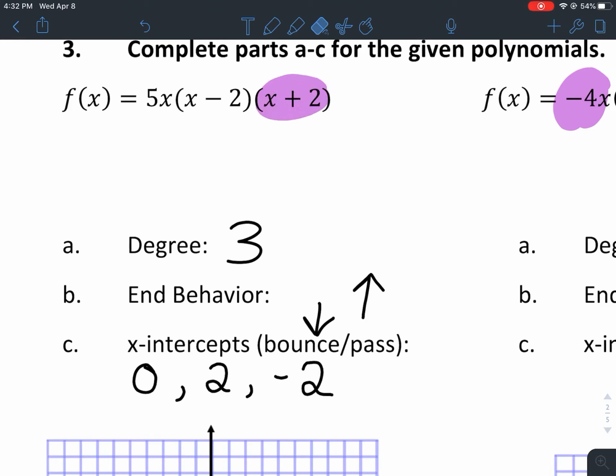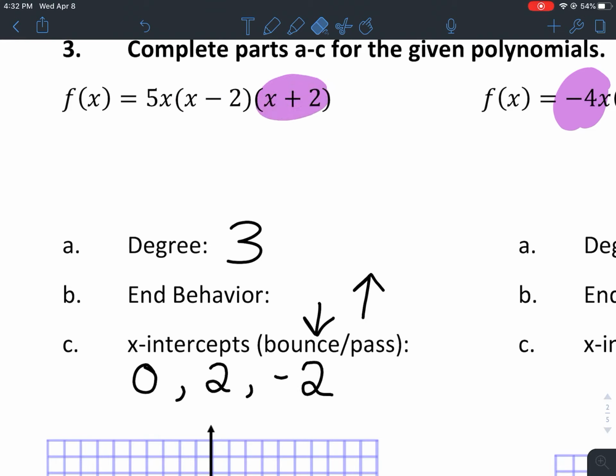Now the next factor, the exponent is 2, so it's going to bounce there since 2 is an even number. And at the last x-intercept, the exponent attached to the factor is even. Since it's even, it's going to bounce. So if the exponents are even on the factors, it bounces at that point. If they're odd, it passes through.